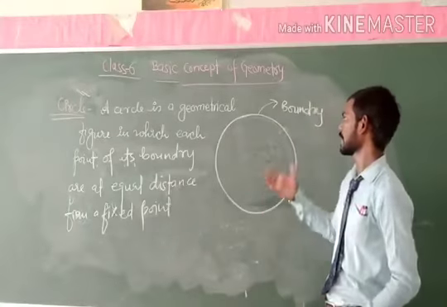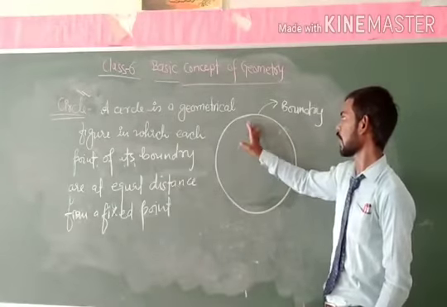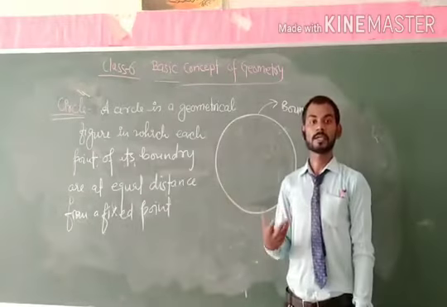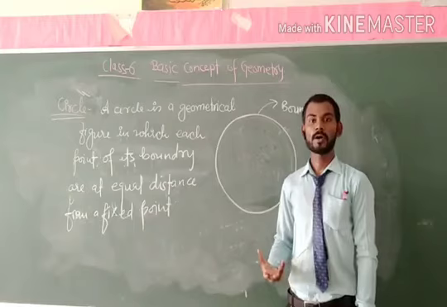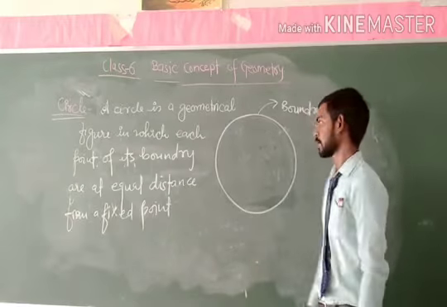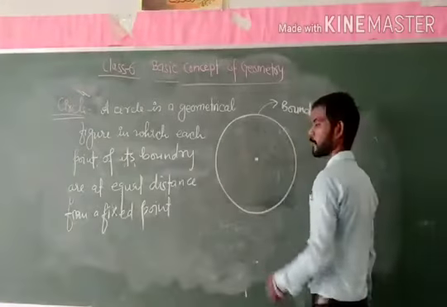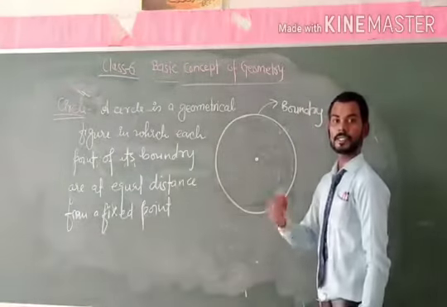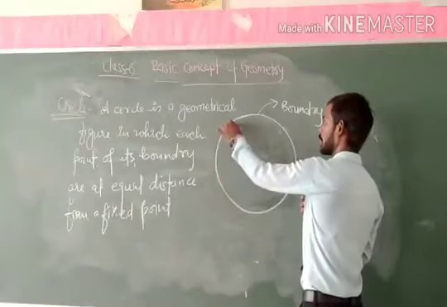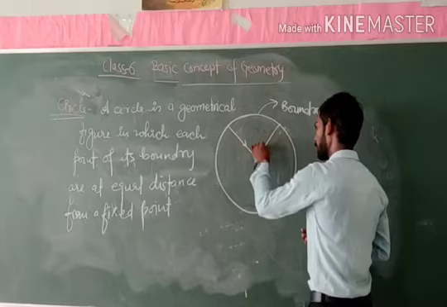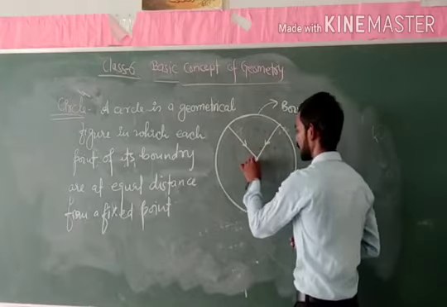So we can say that each point of the boundary is situated at equal distance from a fixed point. Just suppose that this is the fixed point and each point of the boundary is at equal distance from this fixed point.